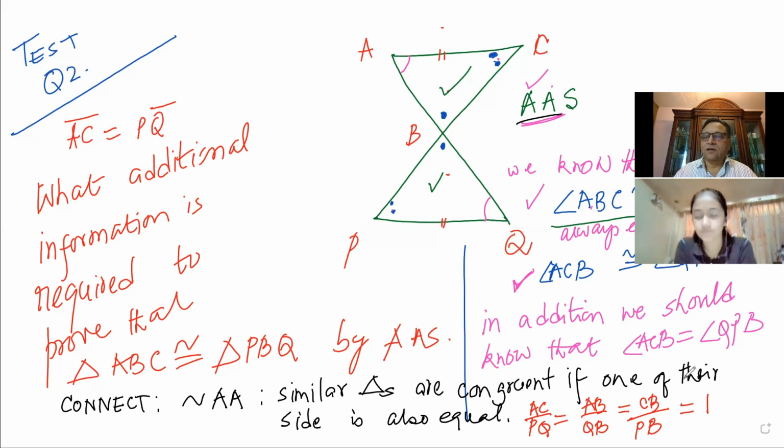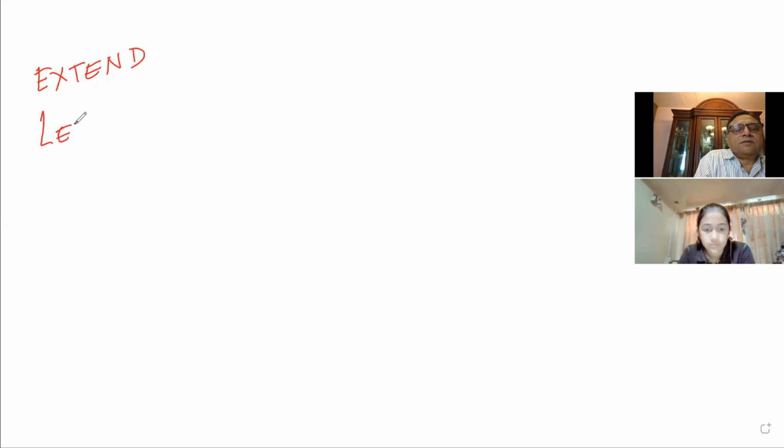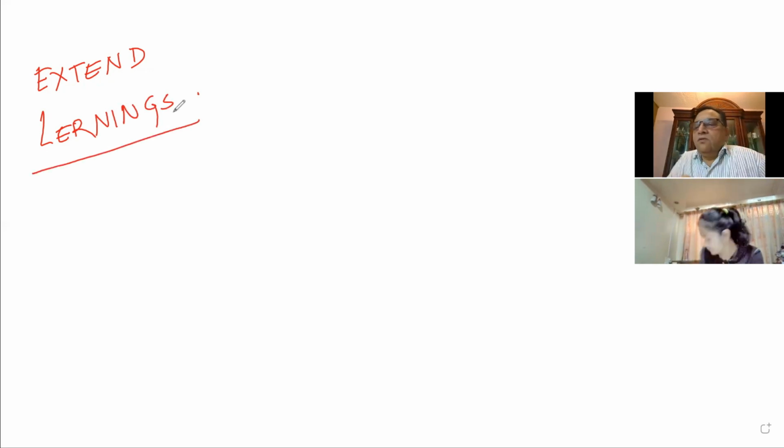Very good. Now we are doing another connection at a higher level, so we are going to extend our learning. We just now made a connection. What connection have we made?